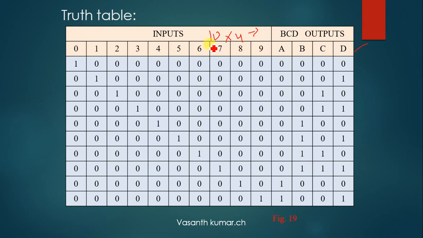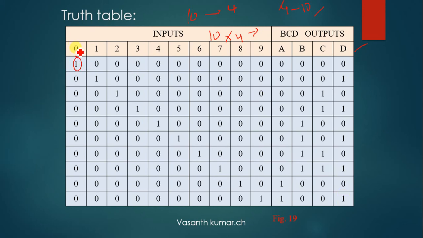Always remember one thing: in the case of encoders, your input numbers will be large, 10, but your output, the coded form, is only 4. The same case with decoders is 4 to 10. That means inputs might be low, outputs will be high in number.